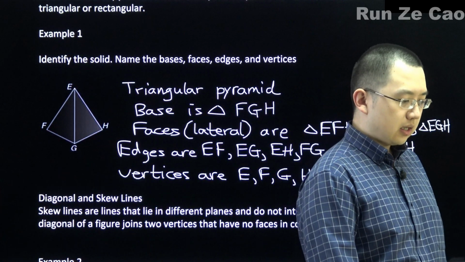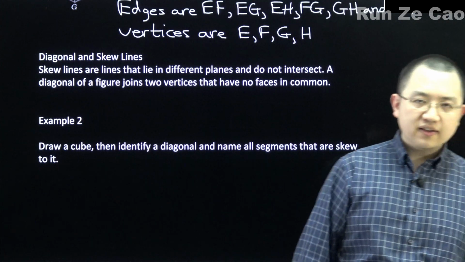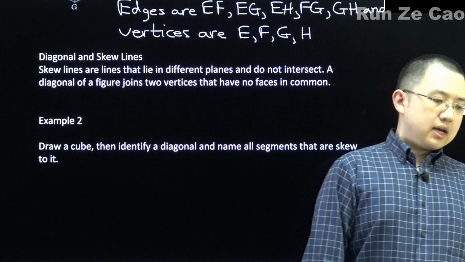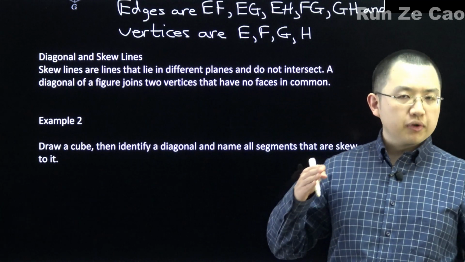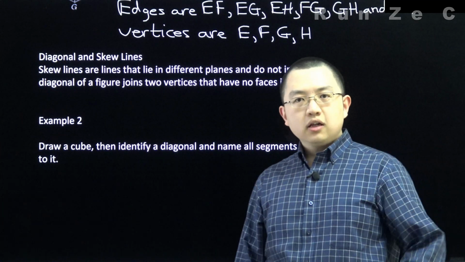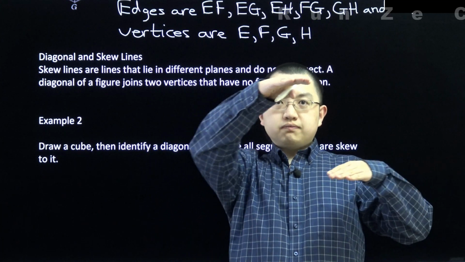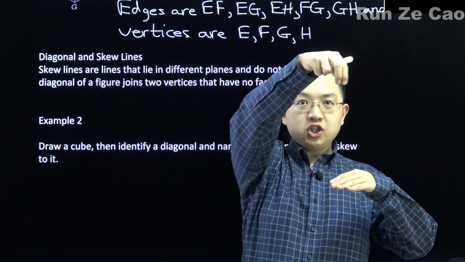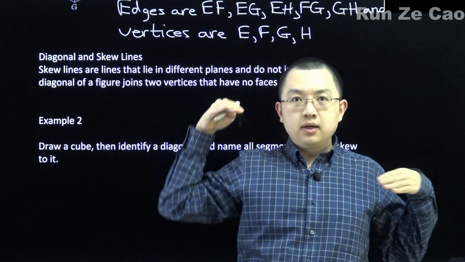Diagonals are a figure that joins two vertices which have no faces in common. A skew line is a line that lies in a different plane and does not intersect. So for example, suppose you have a bridge. You go over the bridge and there's water running underneath.